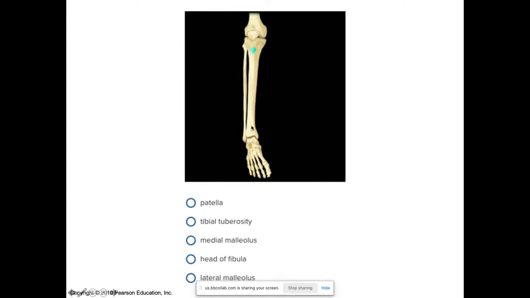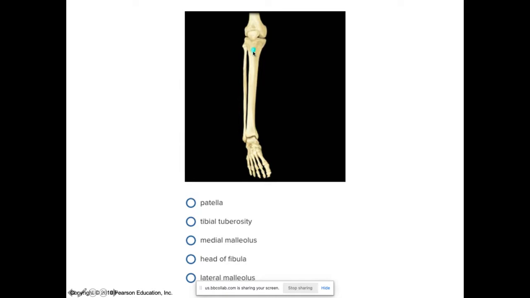At the distal end of the tibia, there's the medial malleolus, and on the outside where the pinky toe is, there's a lateral malleolus. The medial malleolus of the tibia and the lateral malleolus of the fibula help to make up the ankle joint, because they articulate with this tarsal bone of the ankle called the talus.